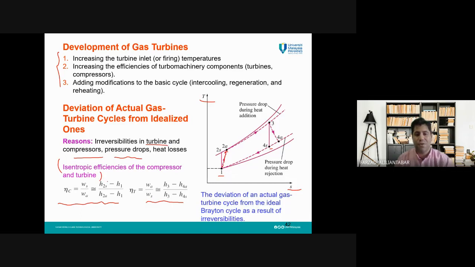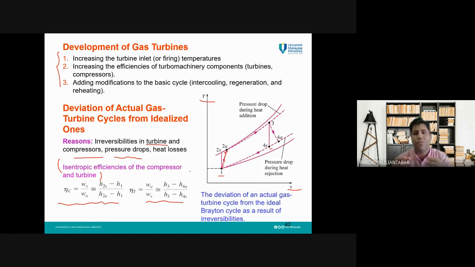What is isentropic efficiency? When a compressor or a turbine is ideal, or there isn't any irreversibility for the compression or expansion process, we say that it is an isentropic process.